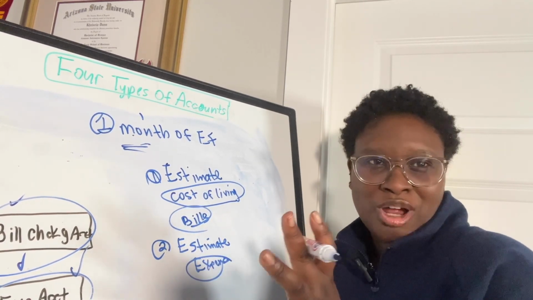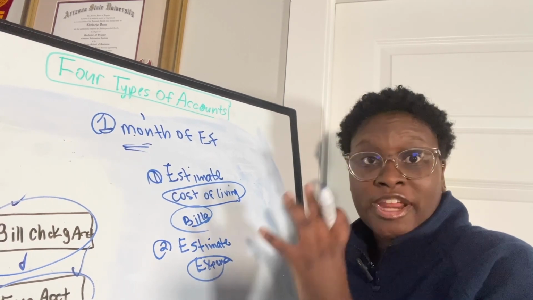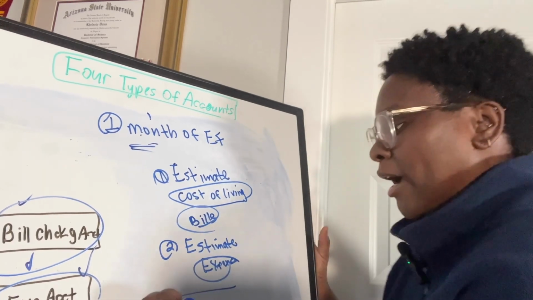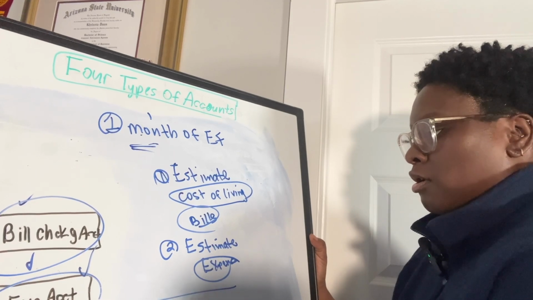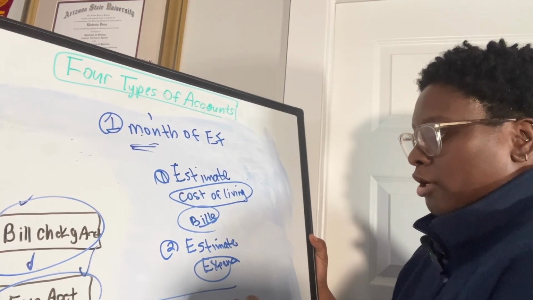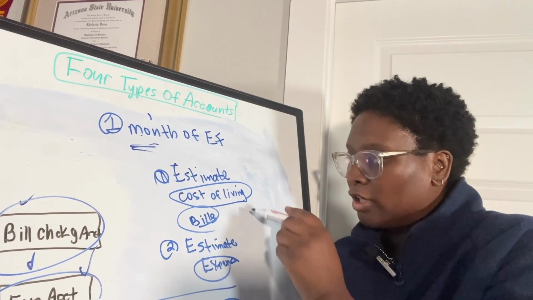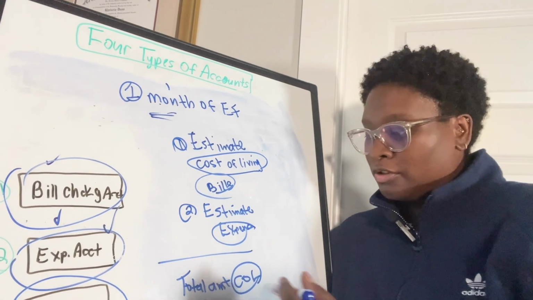If you have a Tesla, you probably don't have to worry about that. Insurance, daycare, whatever your expenses are, get a total amount. And I'm going to say COL, cost of living. And that is an aggregate of your bills and your expenses summarized together.